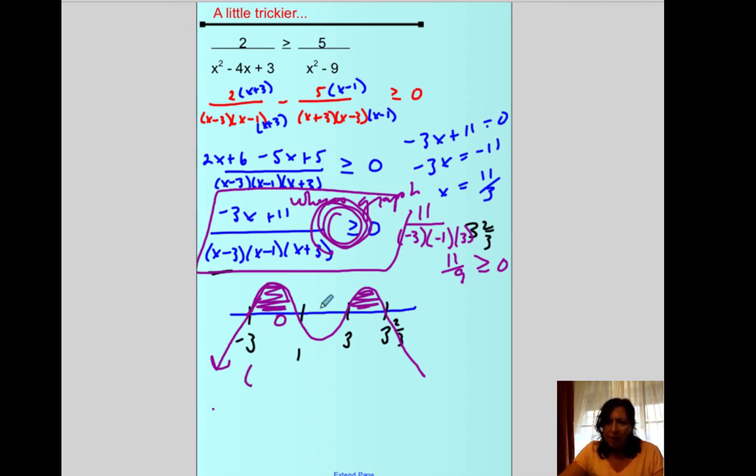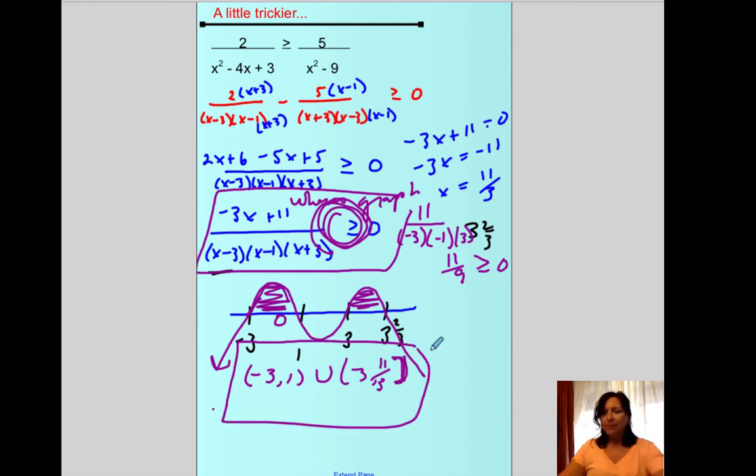That's a parenthesis. My 1 is a parenthesis. My 3 from here is a parenthesis, but this is a bracket. So you're going to say negative 3 to 1 and 3 to 3 and 2 thirds. What is that, 11 thirds? And that's a bracket. Okay, cool. That's my answer.